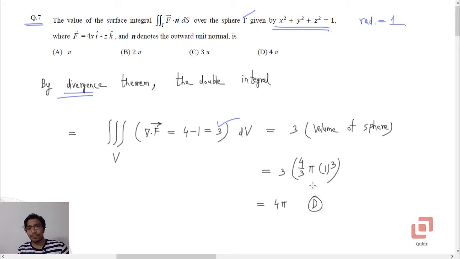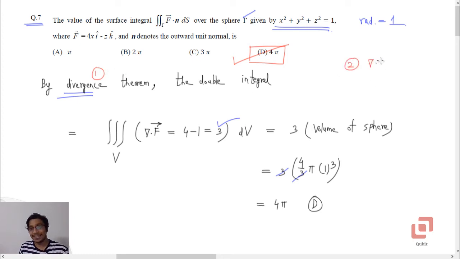So 4 pi by 3 into radius cube, 3 will get cancelled. So the final answer is 4 pi, option D. Very simple question. But the only thing is, you should know what divergence theorem is first, and secondly, how to find the divergence.